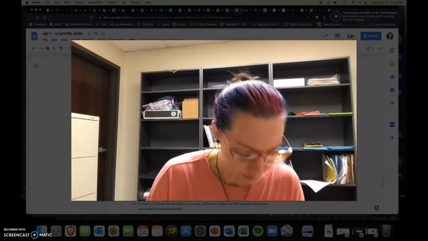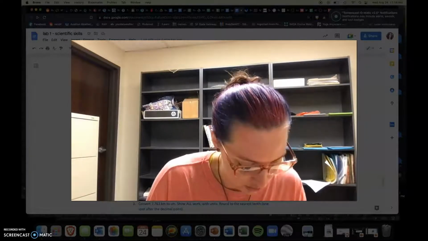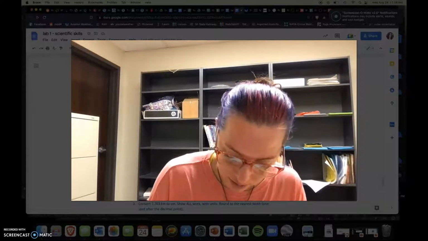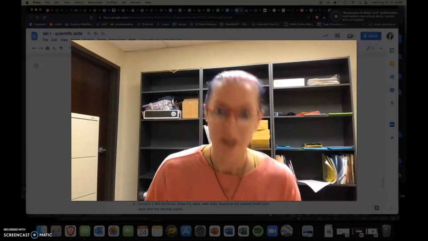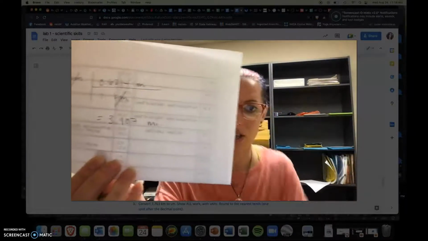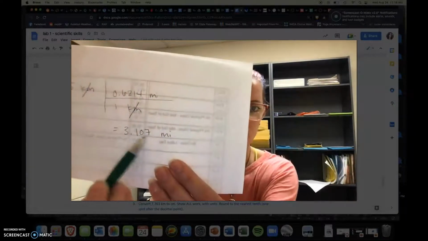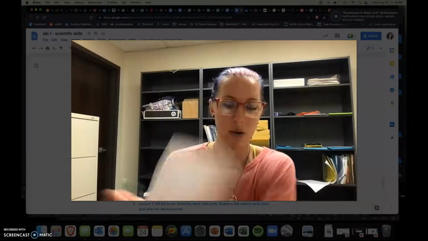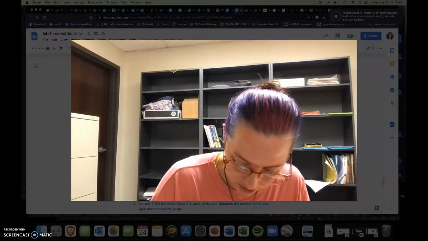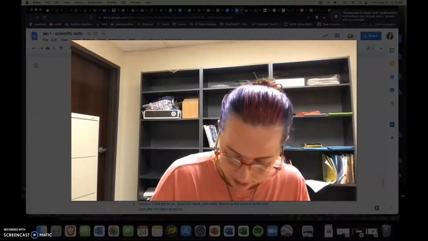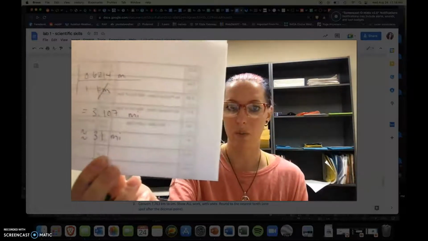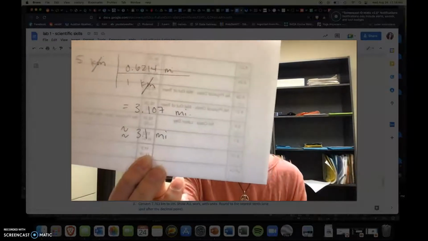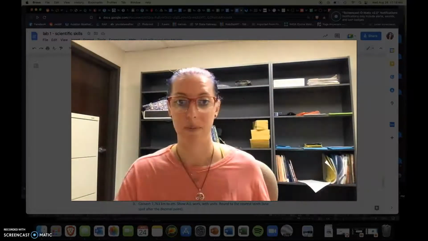So this is technically equal to 3.107 miles. But if I round to the nearest tenth, that's just that one spot after the decimal point, that would be rounded to 3.1 miles. 3.1 miles would be the rounded value there, okay?